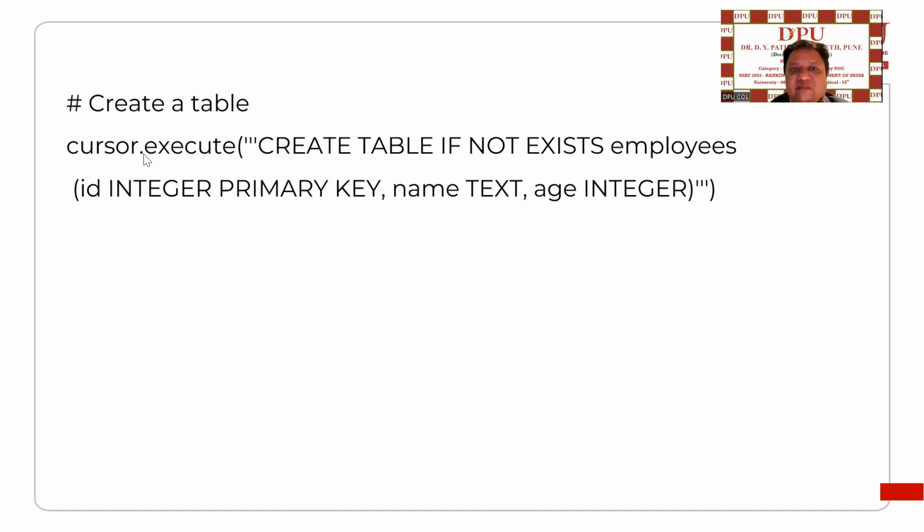Once this command executes successfully, a table called employees is created in your example.db database, having ID as integer, name as text, and age as integer. So here I have created a table with three columns: ID, name, and age, if everything goes smoothly.